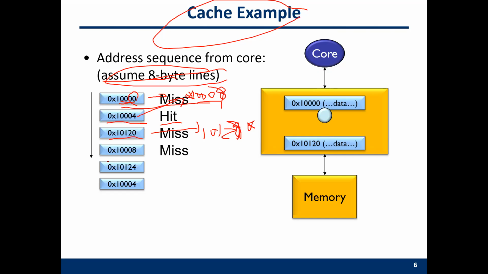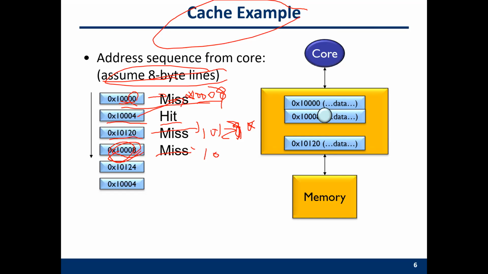For the fourth access, even though we access this address, we cannot find it. It's a miss. We fetch it from main memory to cache.